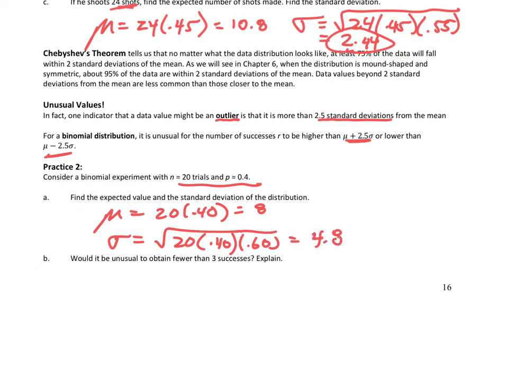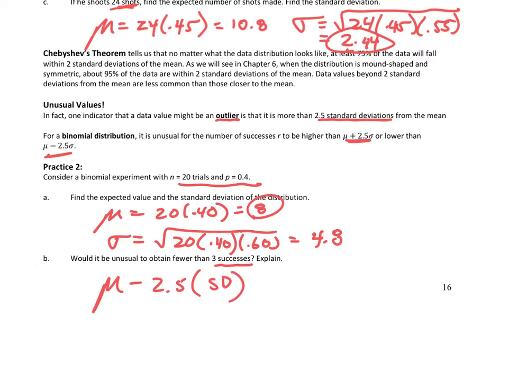Would it be unusual to obtain fewer than 3 successes? Well, unusual is an outlier. If I want fewer than 3 successes out of 20, if the probability of success is 40%, remember, we're supposed to average 8. So we're wondering, is 3 unusual? To figure that out, we take the mean and subtract 2.5 standard deviations.